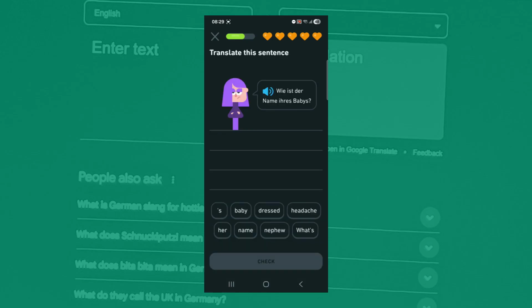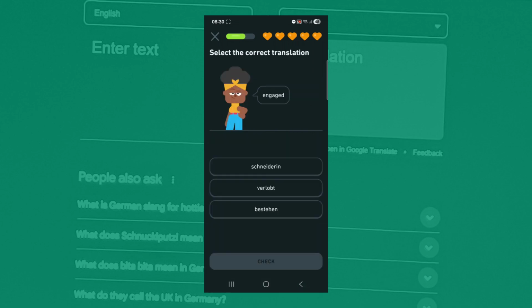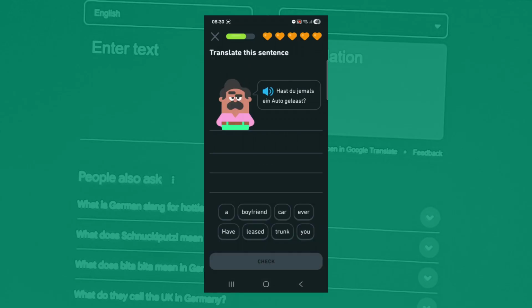But it's not something I would have come up with independently, so I'm going to write it down. Wie ist der Name Ihres Babys? Yeah, because that's adding the ES onto ear. Hast du jemals ein Auto geleast?